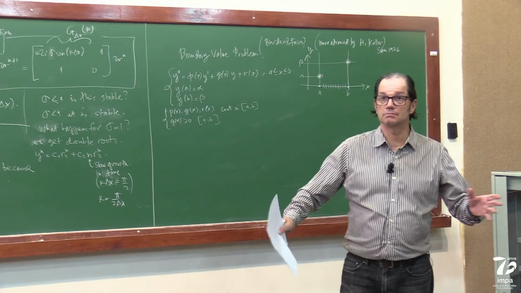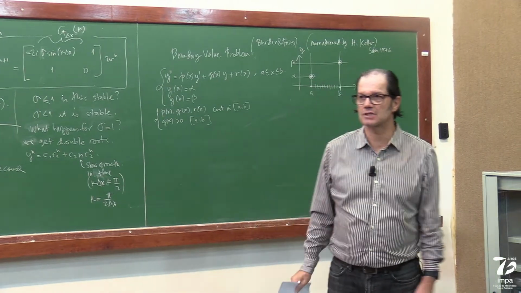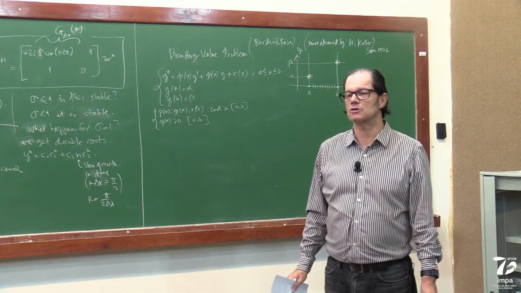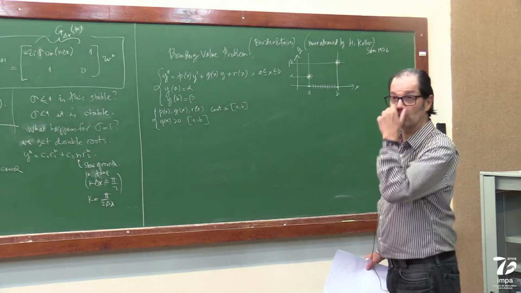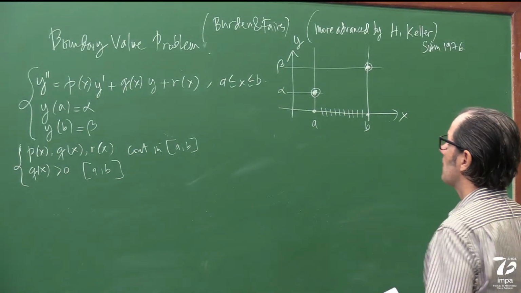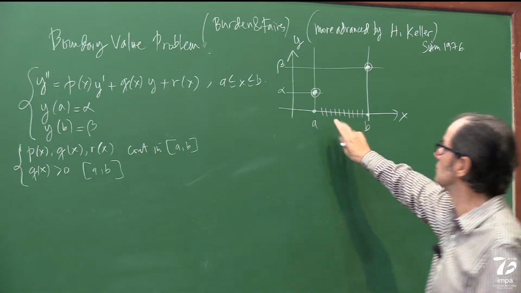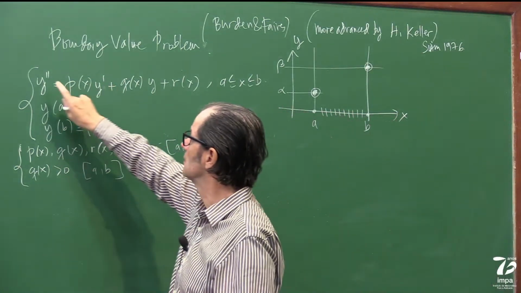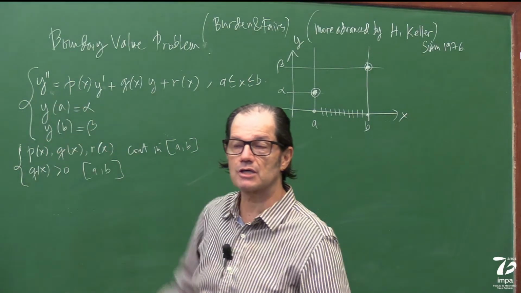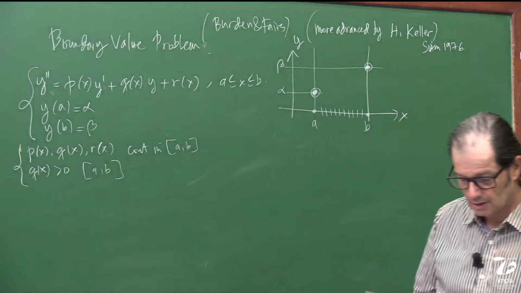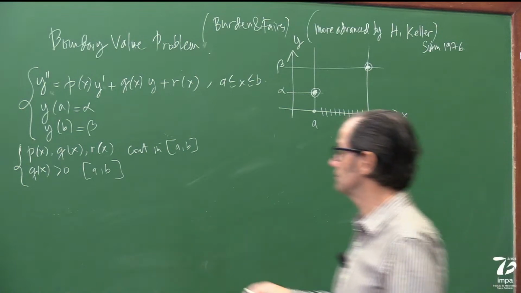You've got to make sure you satisfy these two values. One way is maybe to discretize, write a matrix, define some derivatives for these guys and make a matrix, try to solve for this, whatever. But there's the shooting method.